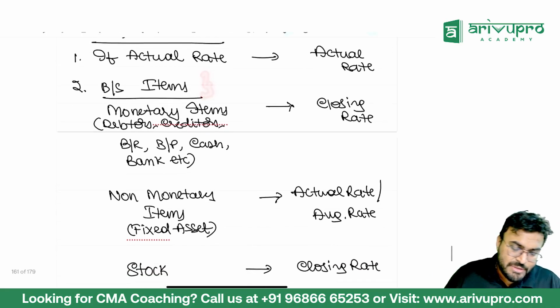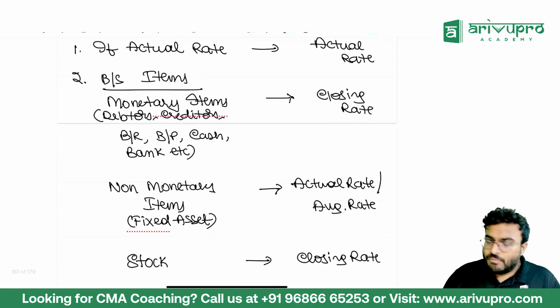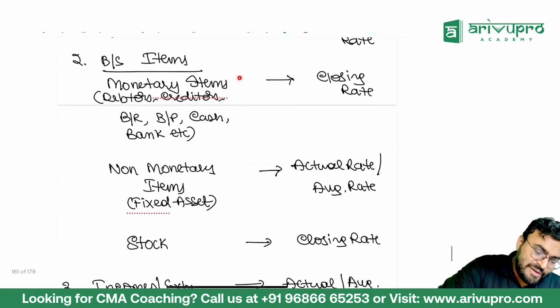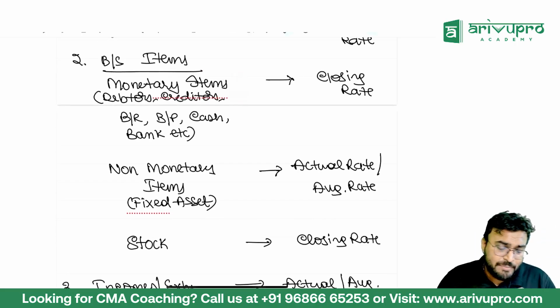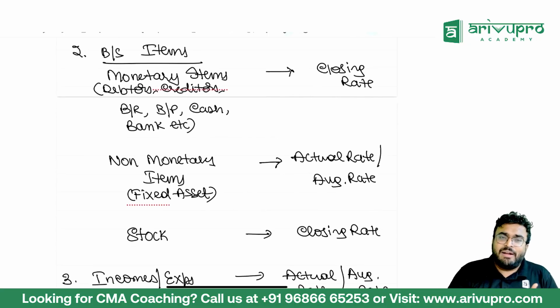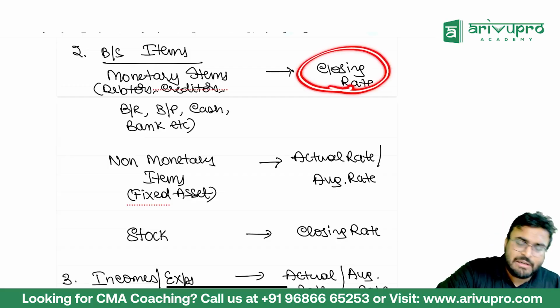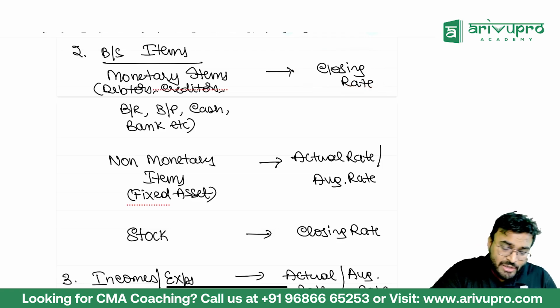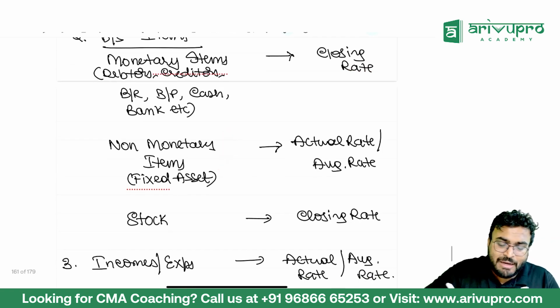Balance sheet items. If it is monetary items, what is monetary items? Monetary items are debtors, creditors, bills receivable, bills payable, loan given, loan taken, cash, bank. All these are monetary items. It will be converted at closing rate. Non-monetary items will be converted at actual rate.